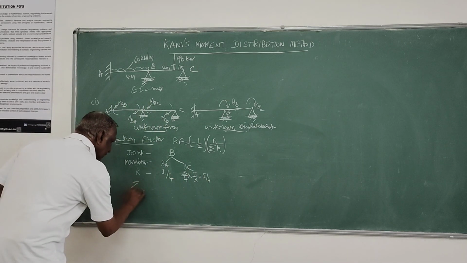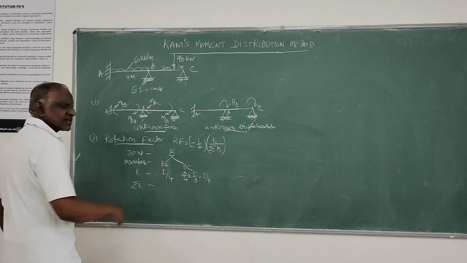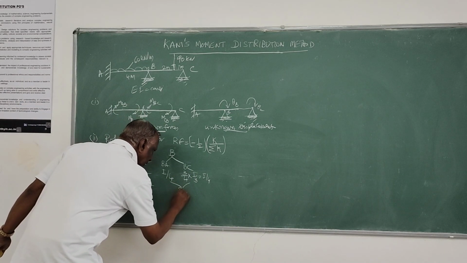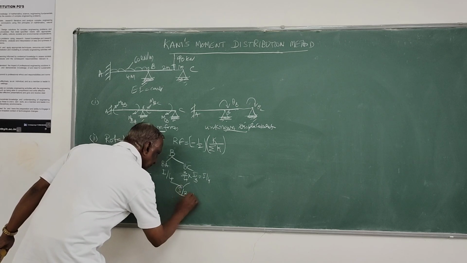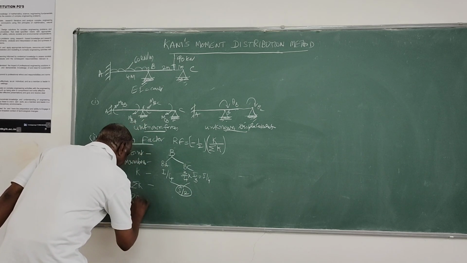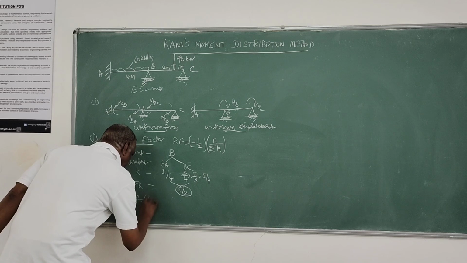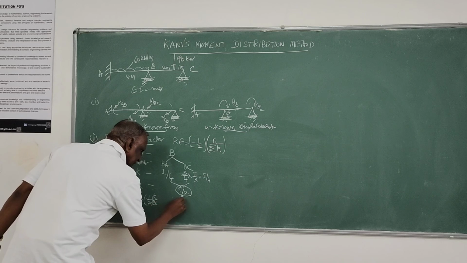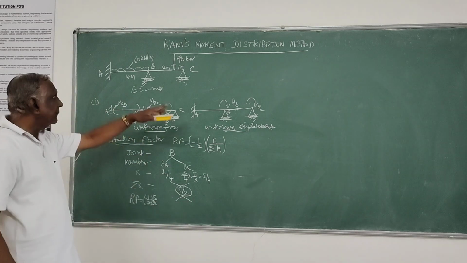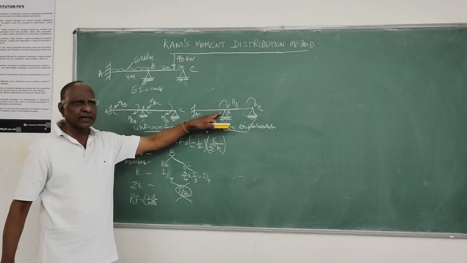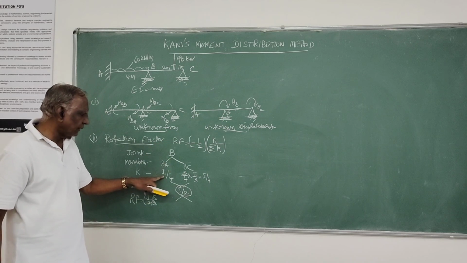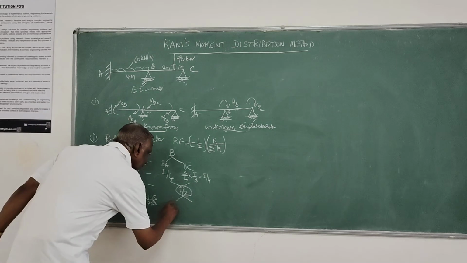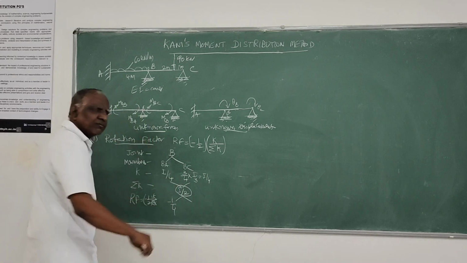Then we have to find out the sum of the stiffnesses at each of the joints, that will be I by 4 plus I by 4, which is I by 2. So then rotation factor is minus half into K by sigma K. That means the rotation factor of BA, that is at this end, is I by 4 divided by I by 2 into minus half, that is minus 1 by 4.